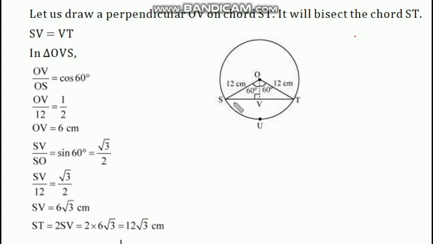Then what about ST? The total length of the chord is 12 square root of 3 centimeter, because these two are equal, so multiplied by 2. So we found the base and height of the triangle. Use the formula half into base into height. Base is ST and height is OV.